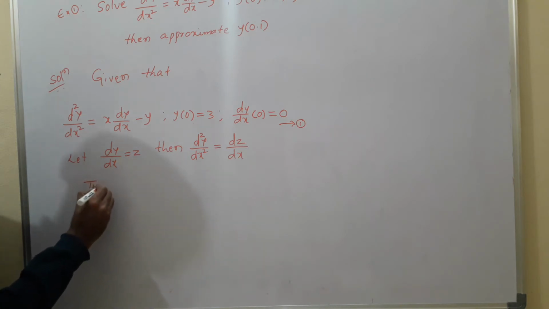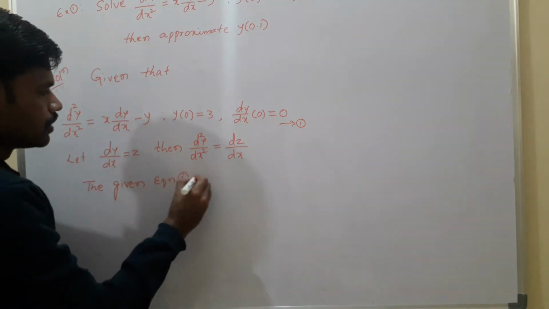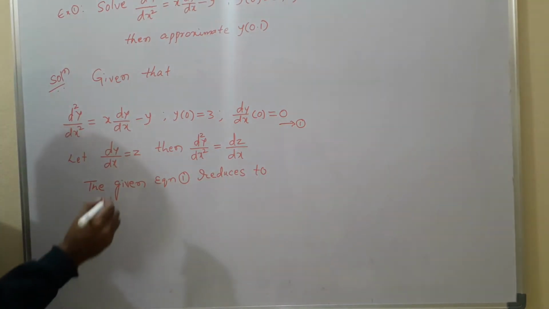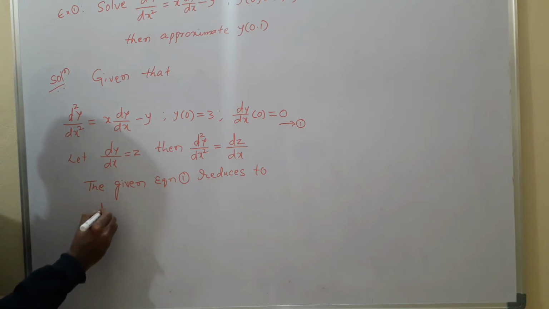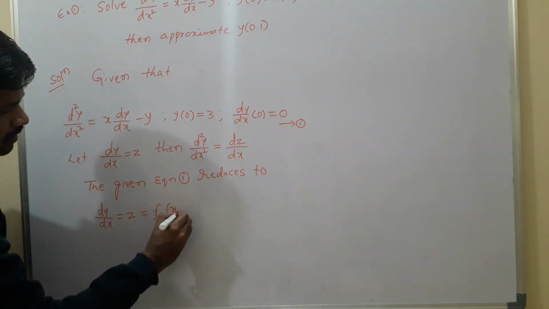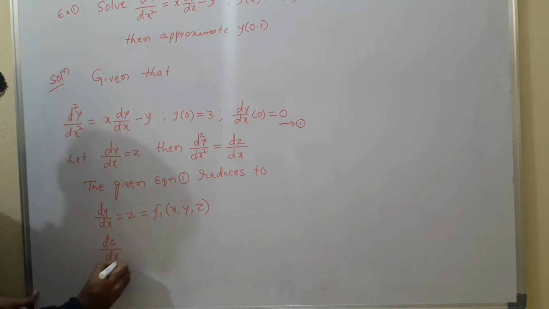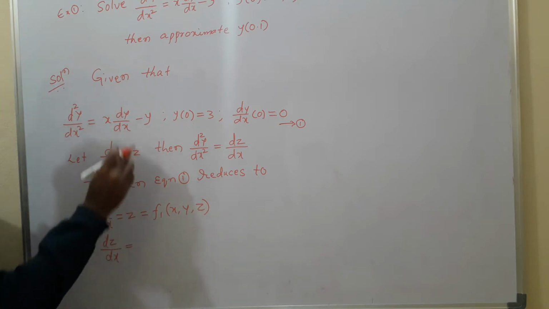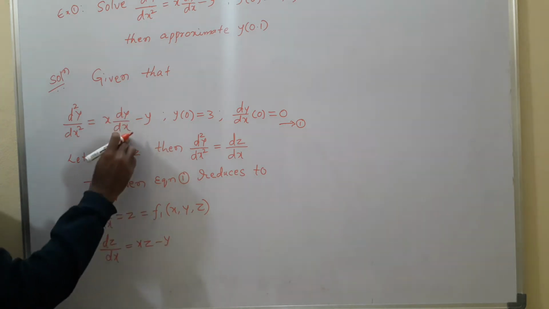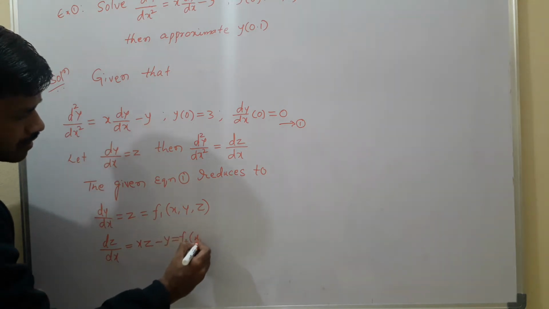The given equation number 1 reduces to dy by dx equal to z, that is f1 of x comma y comma z, and dz by dx equal to x into z minus y, since dy by dx is z, that is f2 of x comma y comma z.